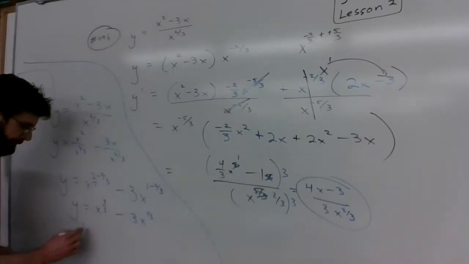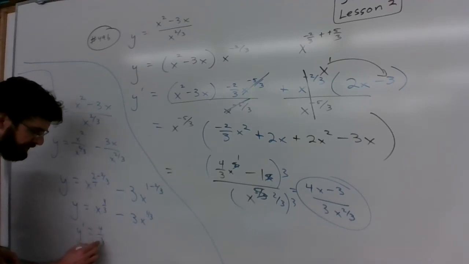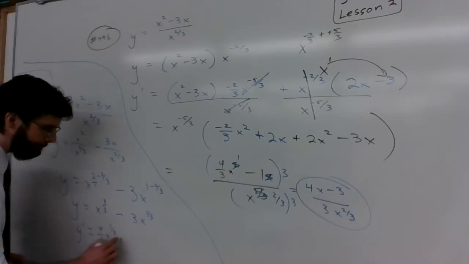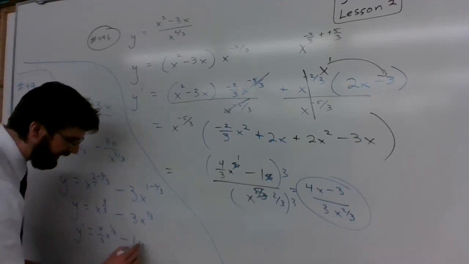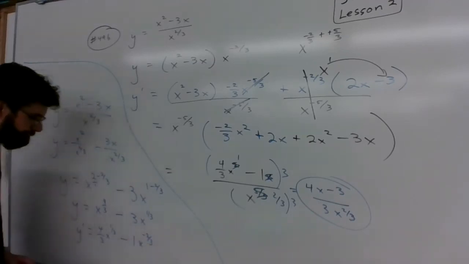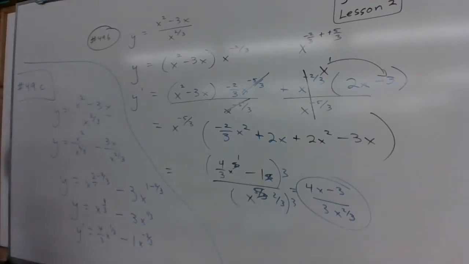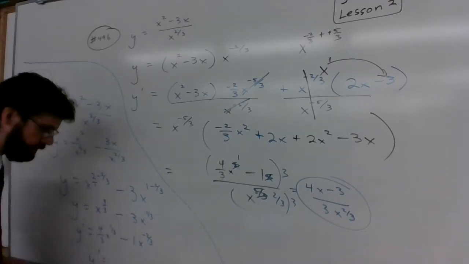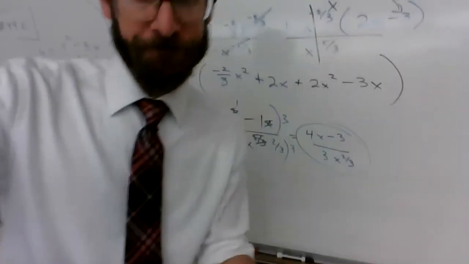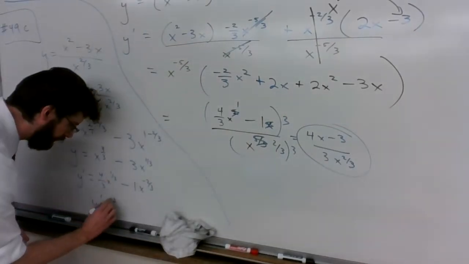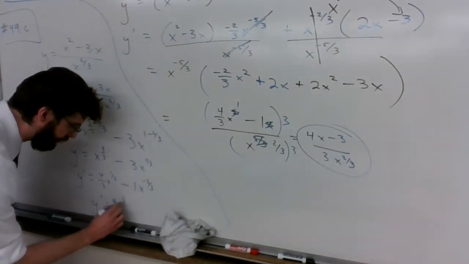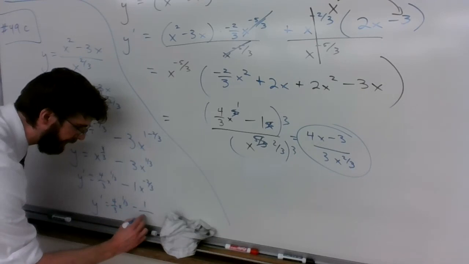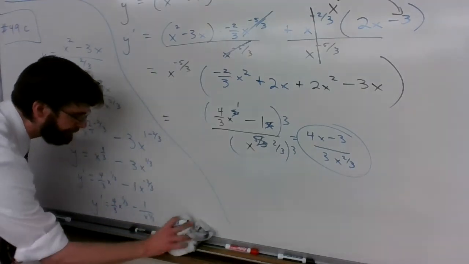The derivative, 4/3 x to the 1/3 minus 1x to the negative 2/3. Which ends up being 4/3 x to the 1/3 minus 1 divided by x to the 2/3 power.